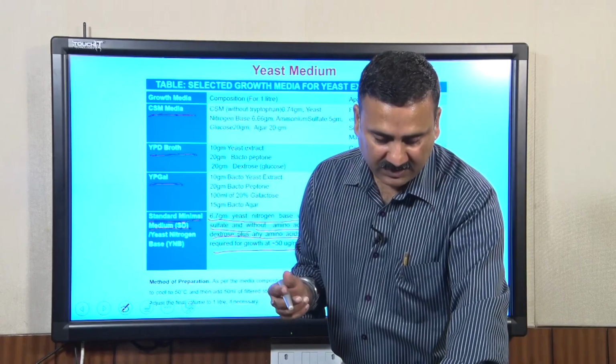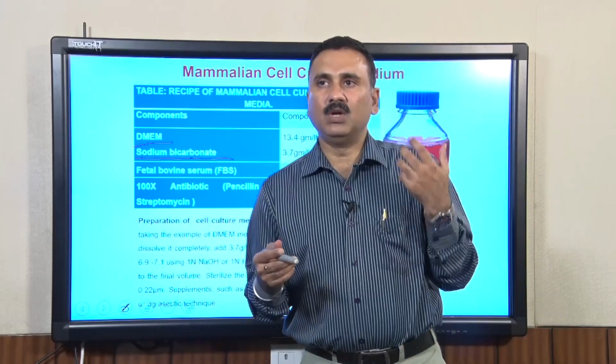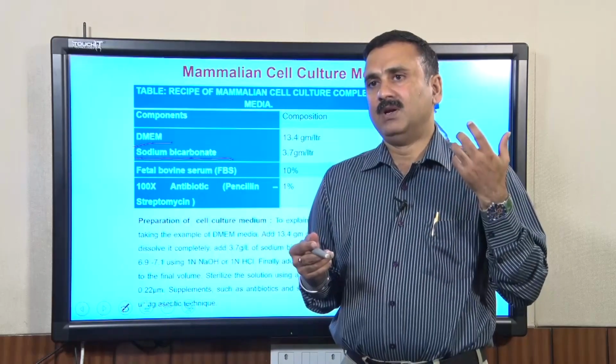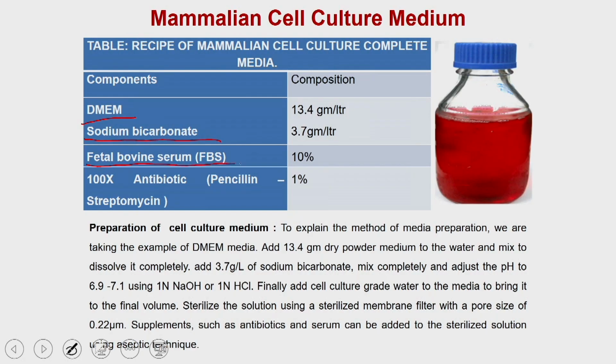Let us move on to the mammalian system. In the mammalian cell culture media, you have the media, which in this case is DMEM, and then you add sodium bicarbonate, which is a buffering agent. Because the mammalian cells require growth factors and hormones, you add fetal bovine serum at the level of 10%.